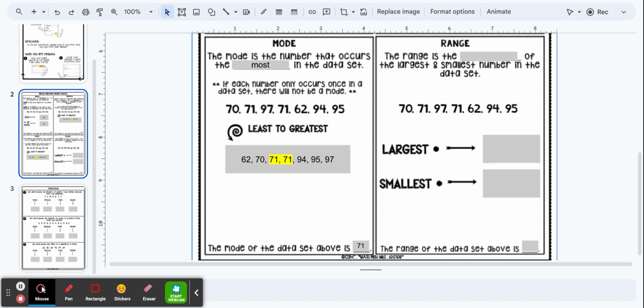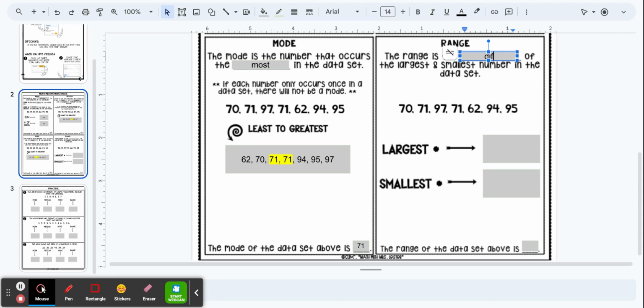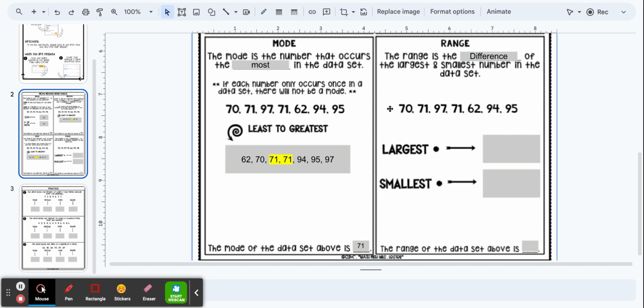Okay, our last part that we're going to talk about is range. It's the fourth and final one. When you think about the range of something, sometimes you think of how far something can go, or the distance between two things. That's helpful because the range is actually the difference of the largest and smallest number in the data set.